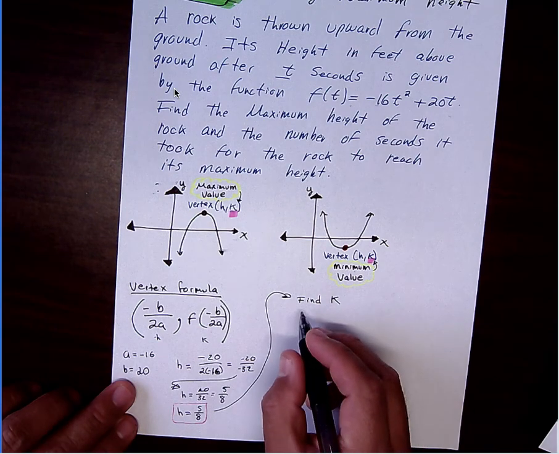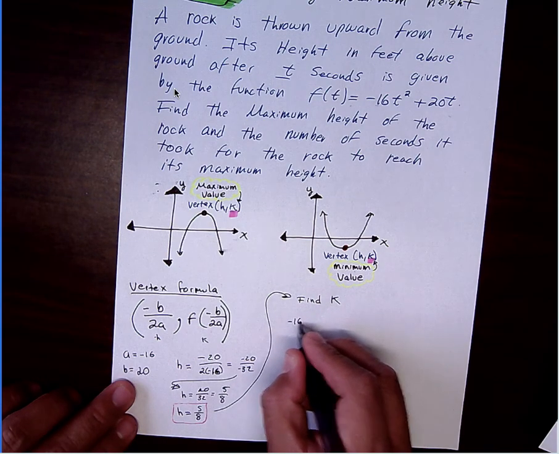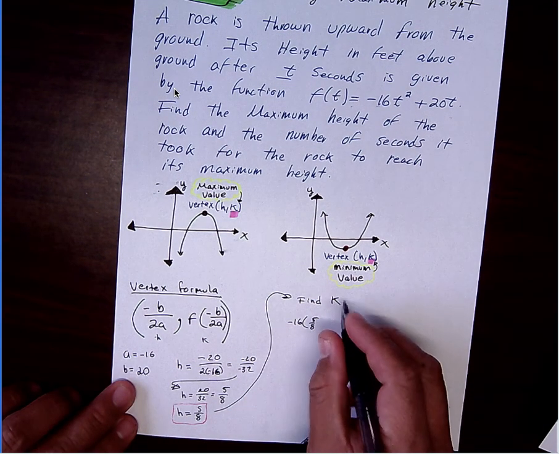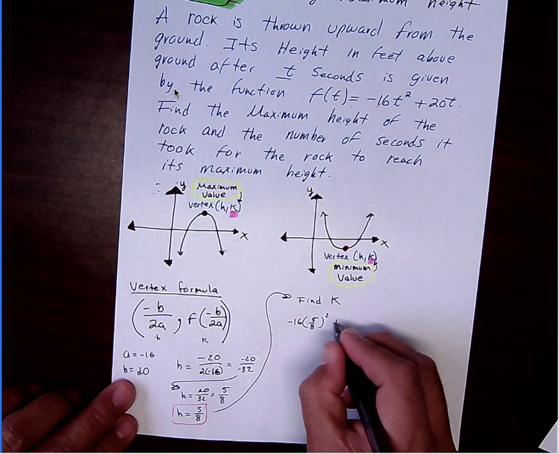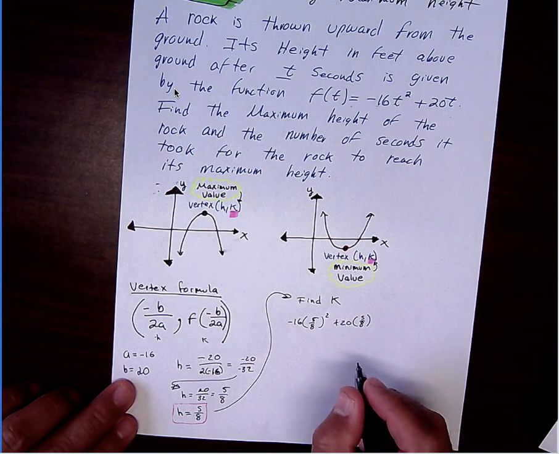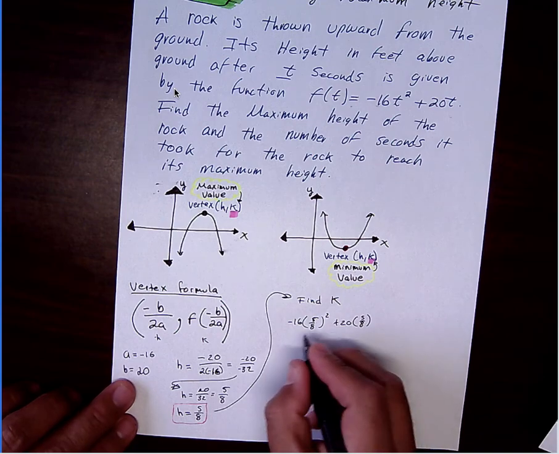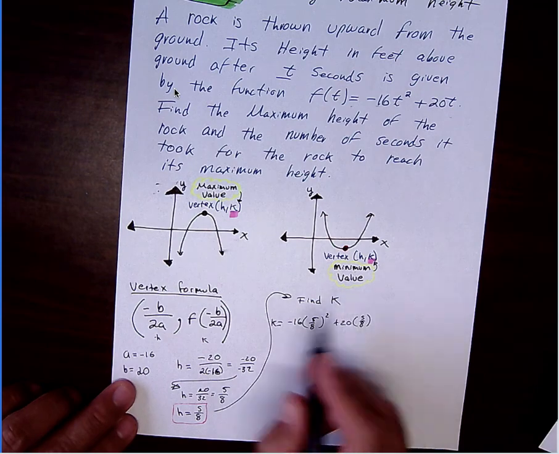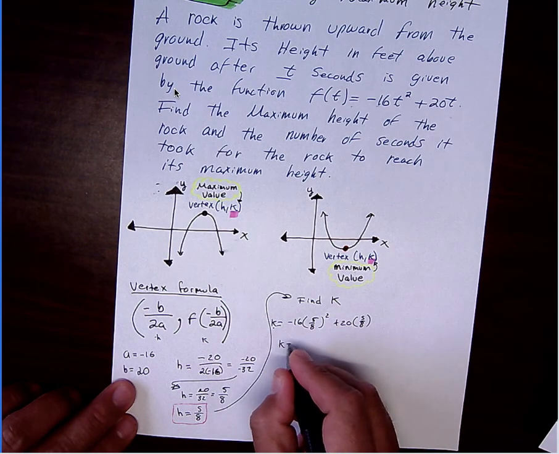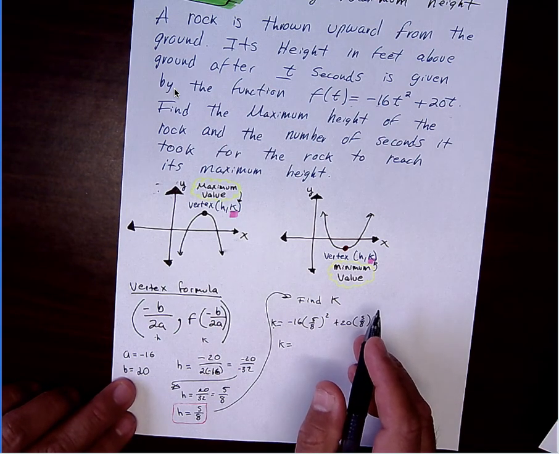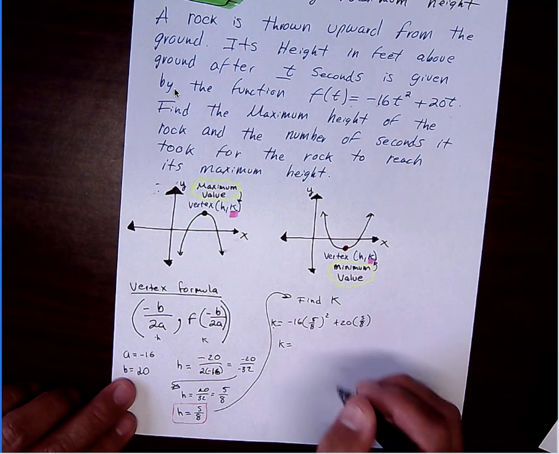We're going to have negative 16, and the 5/8 goes here, squared, minus 20, and then again the 5/8. So we're trying to find the k. k is a y, but they call it k, so I'm going to keep consistently using k instead of y or f of x.